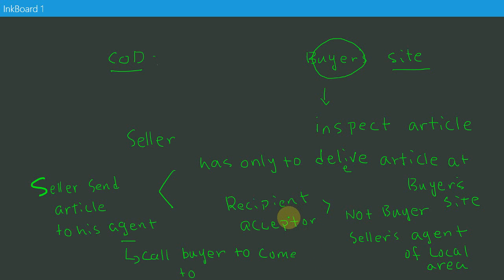Then after collecting the money from the buyer, the agent of the seller sends the article on to the seller. This process is the normal process of a COD.